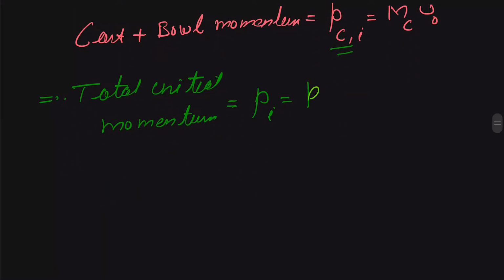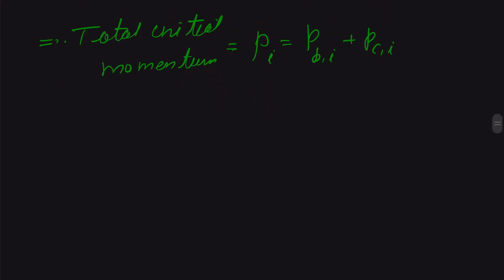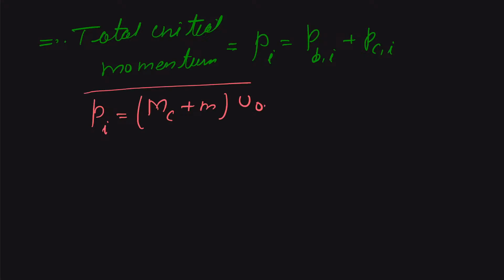So you can write this as PBI plus PCI, and we substitute the values, so we get our initial momentum equal to capital M plus small m, and v0 we can take as common. So this is our initial momentum.